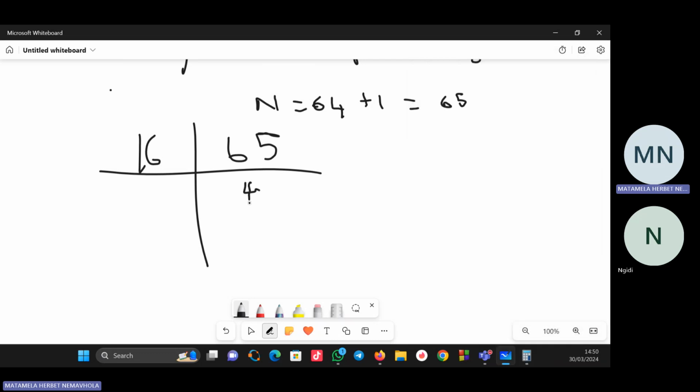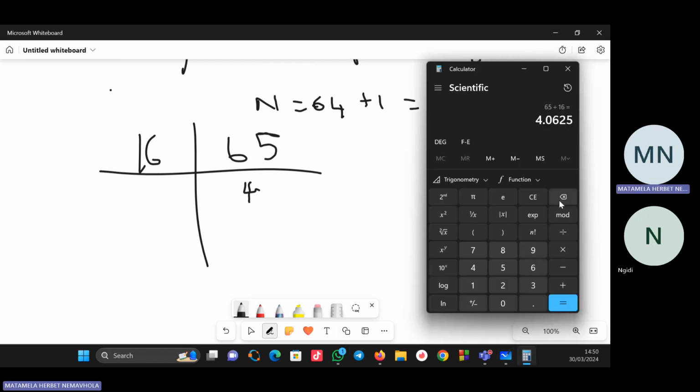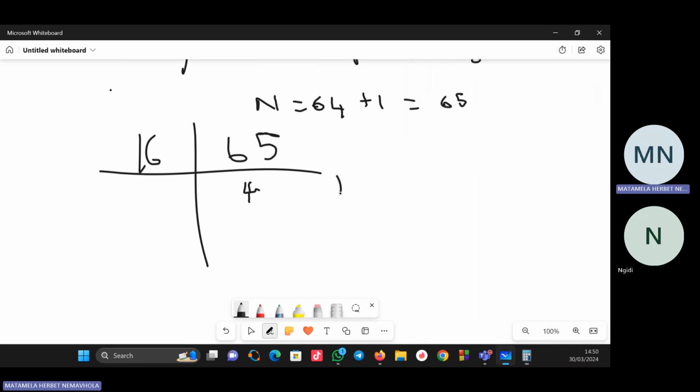When we have 4, sometimes it's more confusing. You might ask yourself, what exactly is the remainder? So you can just say 4 multiplied by 16, which is 64, which means the remainder we have there is 1.